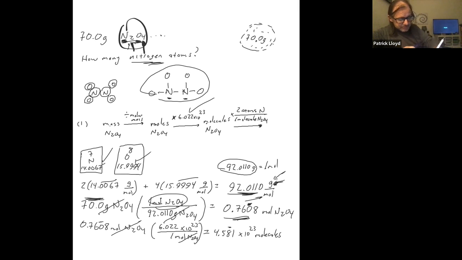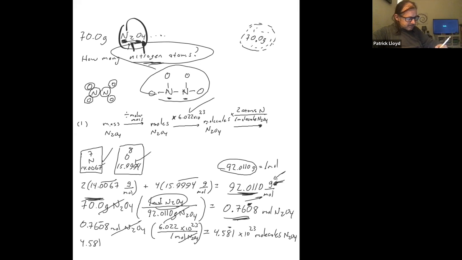Let's make sure that we're really writing this down. This is N2O4. But now let's come back to the question. The question is how many nitrogen atoms? And that's where the bicycle analogy comes in. If I said there were 4.581 times 10 to the 23rd bicycles, how many tires are there? You would multiply by 2.